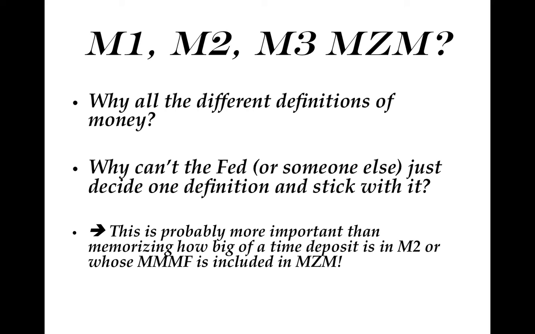So the big idea is that banks will always continue to try and invent new financial instruments, ways for people to hold their wealth that allow them to earn interest, but also allow them the benefits of liquidity. In other words, easily spendable ways to hold their wealth.